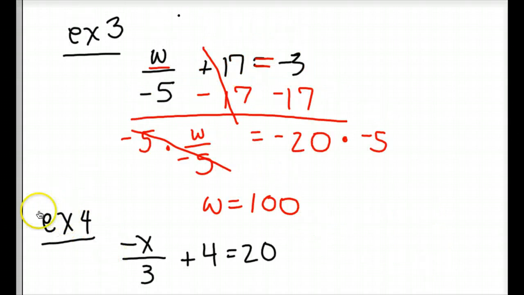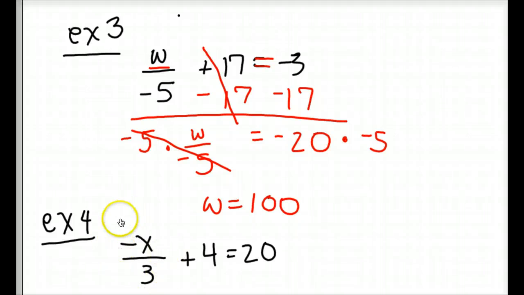Okay, so I've written example 4 down here, and I just wanted to point out before I solve it the difference between these two. So we're still adding, but notice how in example 3, our negative was the negative 5. In example 4, our negative is the negative x. So what we want to do is just make sure that it doesn't matter where that negative is.